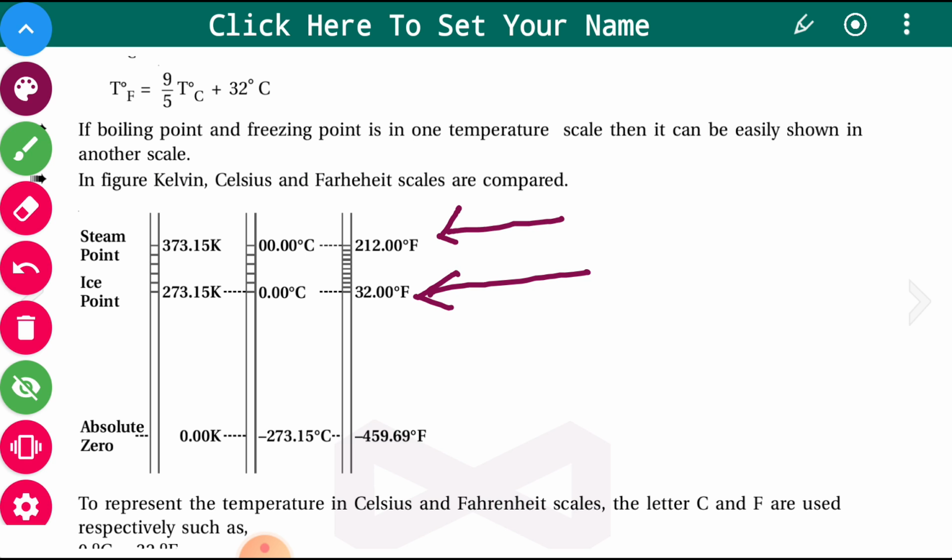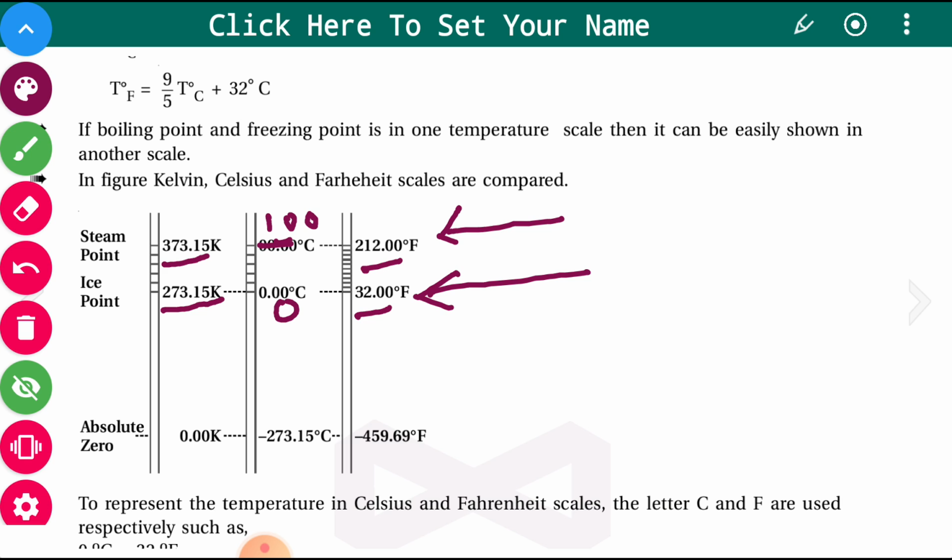For the Kelvin scale, the ice point will be 273.15 Kelvin and 373.15 will be its steam point.